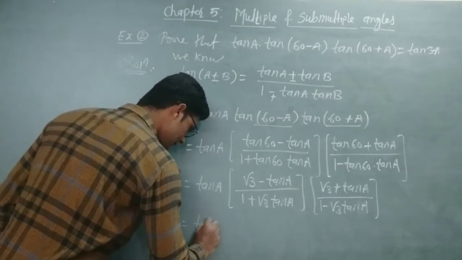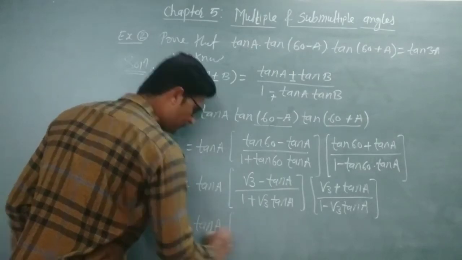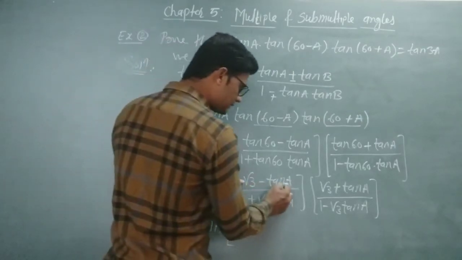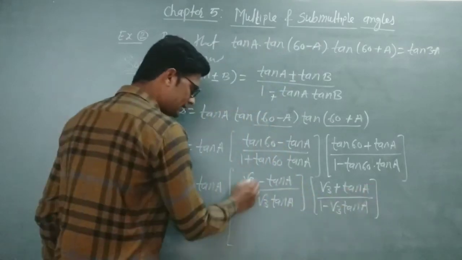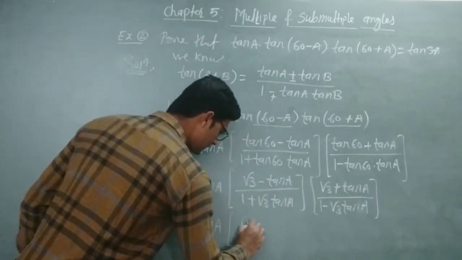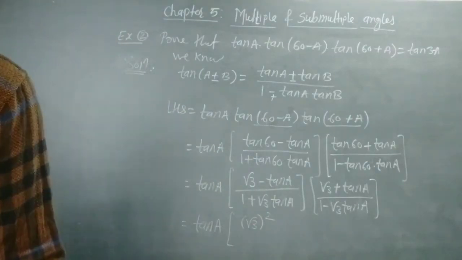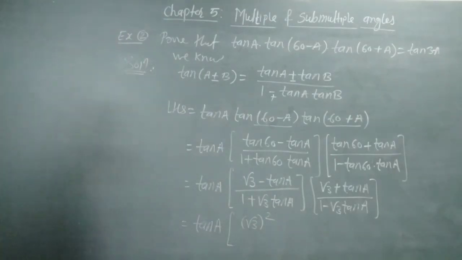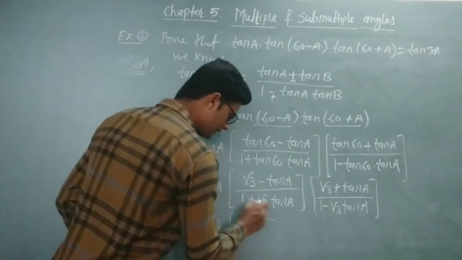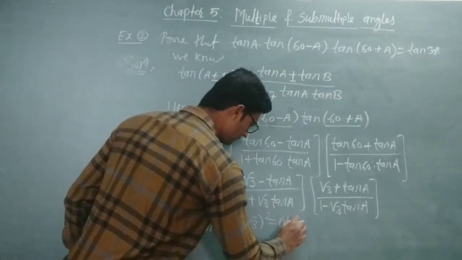So now this can be written as tan A into, this is A minus B, A plus B. What is A minus B, A plus B? This is A square minus B square.